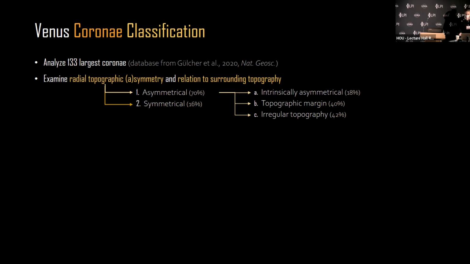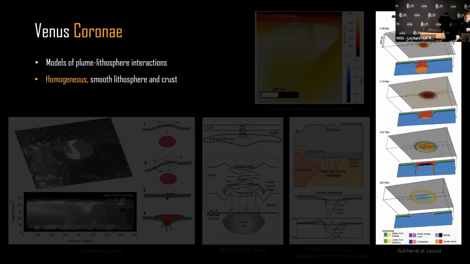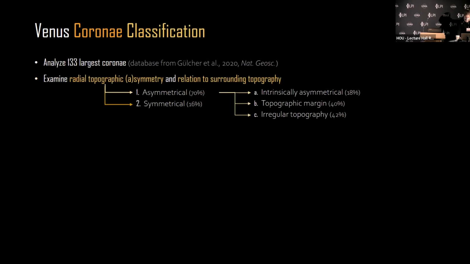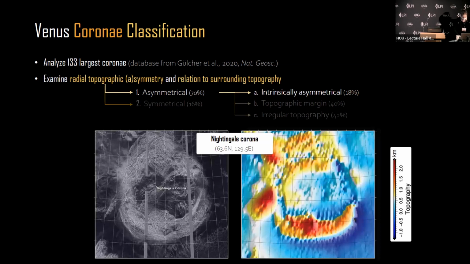Next slide, please. So, for example, we saw in this Nightingale corona, a corona plotted in an otherwise homogeneous, smooth topographic area around it, but the corona itself shows a lot of distinct features at different arcs. Next slide.